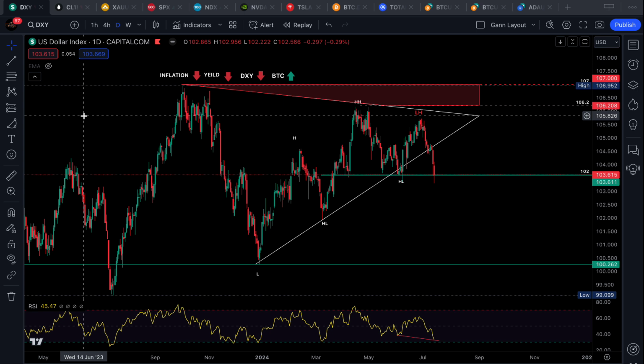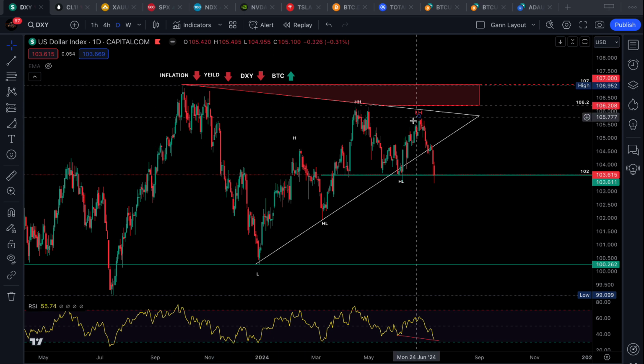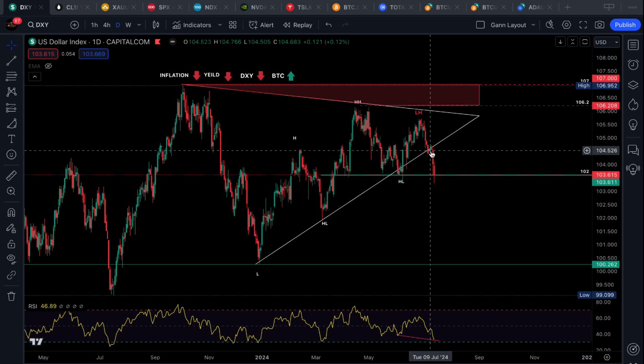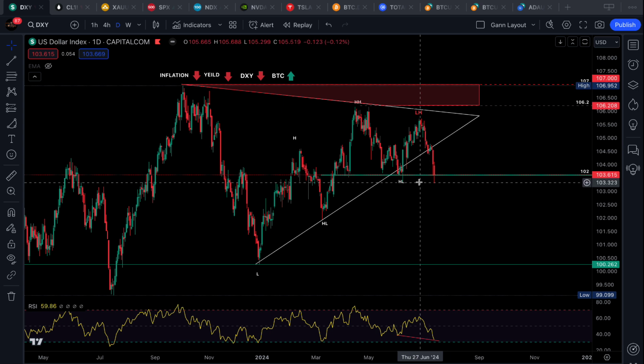Now, there is no doubt that the US dollar is weak, the DXY is weak. It made a lower high at the end of June. It broke below this upward sloping trend line, based, of course, on the CPI announcement, and inflation is going down. However, it is at support. 103.6 is support for the DXY.